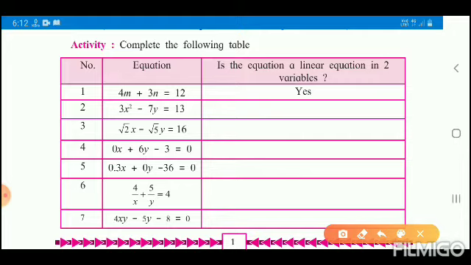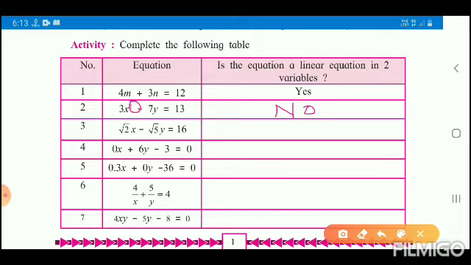I will read the equation: 3x square minus 7y is equal to 13. We have to see, is it in the form ax plus by plus c is equal to 0? No. Here the degree of the variable x is 2. So this is not a linear equation.